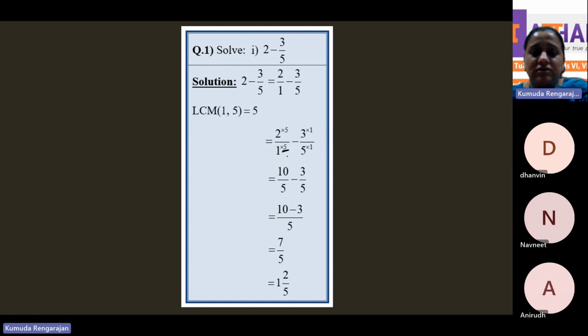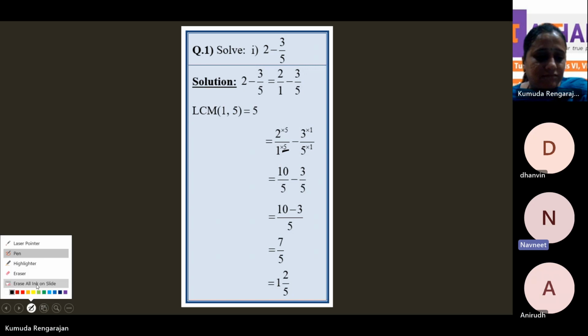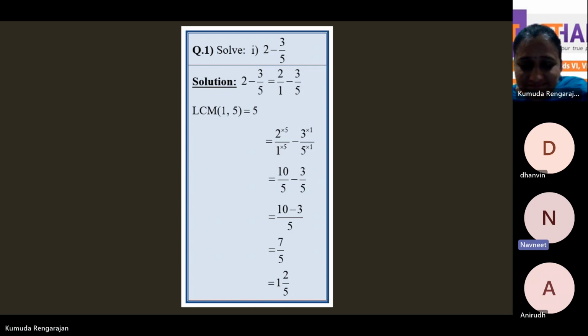Why not into 6? Ma'am, because we want 5 there, in the denominator. If we do something with the denominator, we must do the same to the numerator, ma'am. Correct.